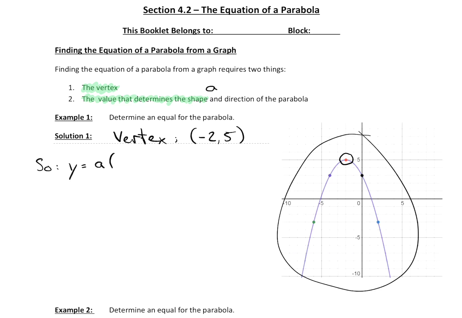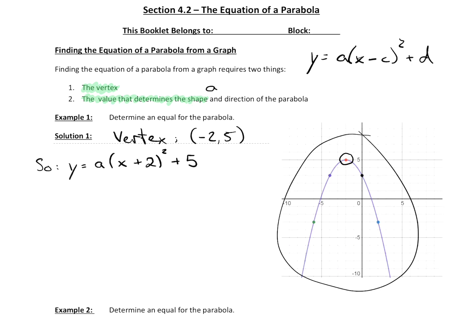All we know is we have this graph, and we know that my vertex is at -2, which means x is -2, so it's +2 squared, and my vertical shift is +5. So that's the equation that you get just from the vertex. All we've done is plug the vertex into this equation. Remember, x minus c squared plus, remember what letter it was, d, that was our standard form equation.